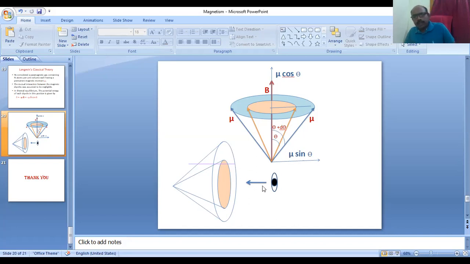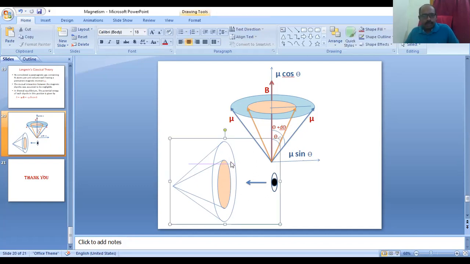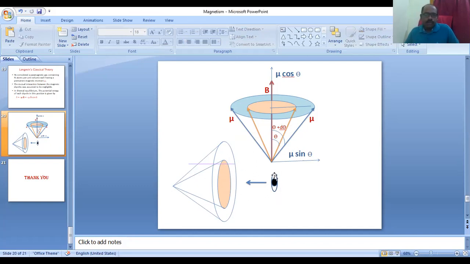If we see it from the side, it looks like this. This portion we are seeing in blue color. We have to integrate over this value in the derivation, so we have to remember this picture.